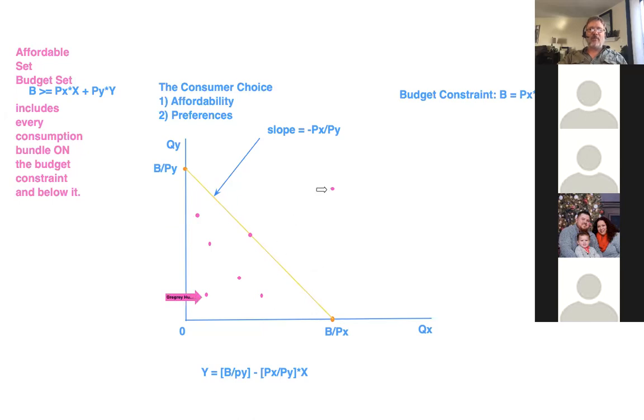So we have points here that are consumption bundles that are unaffordable, other ones that are affordable, and some that exhaust the budget of the consumer.